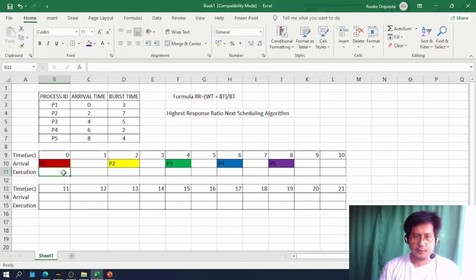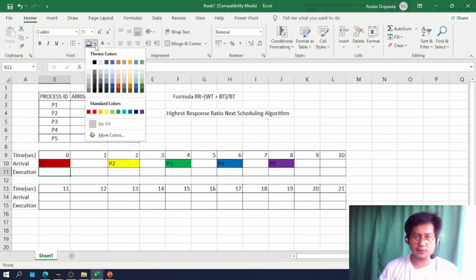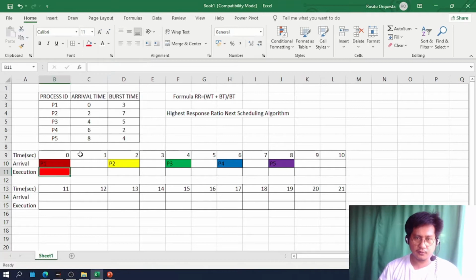Okay, so at time zero, process one has arrived and it is the first and only process in the queue. No other process arrives at zero but just P1. So we are going to give the time of the central processing unit to P1 for how many time slices? P1 has a burst time of 3, so we'll give it 3 counts of time slice.